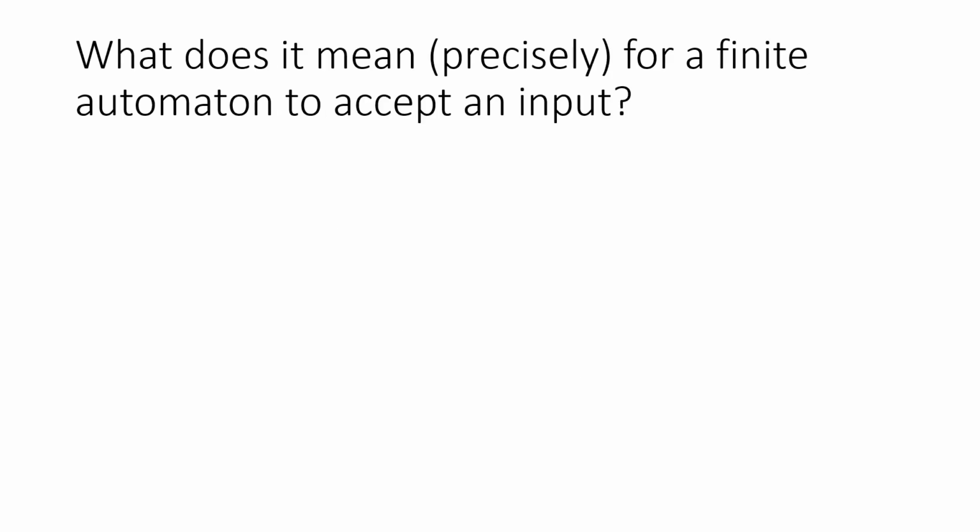What does it mean for a finite automaton to accept an input? So let's remember what we learned about DFAs and then try to remember the definition of accepting an input.